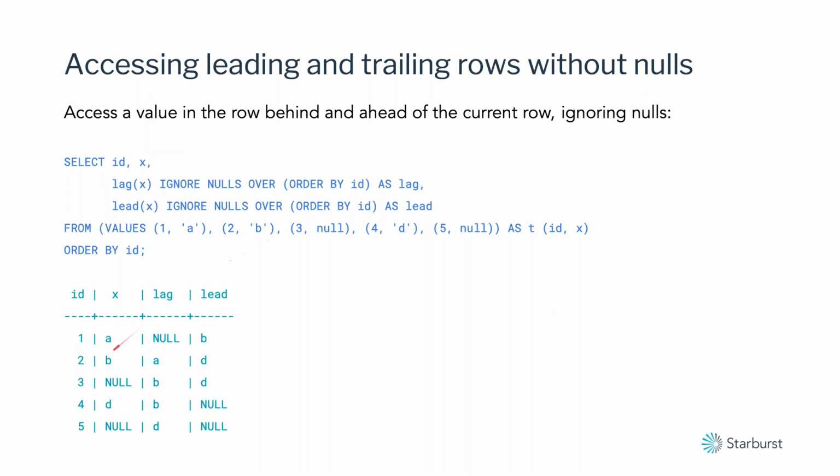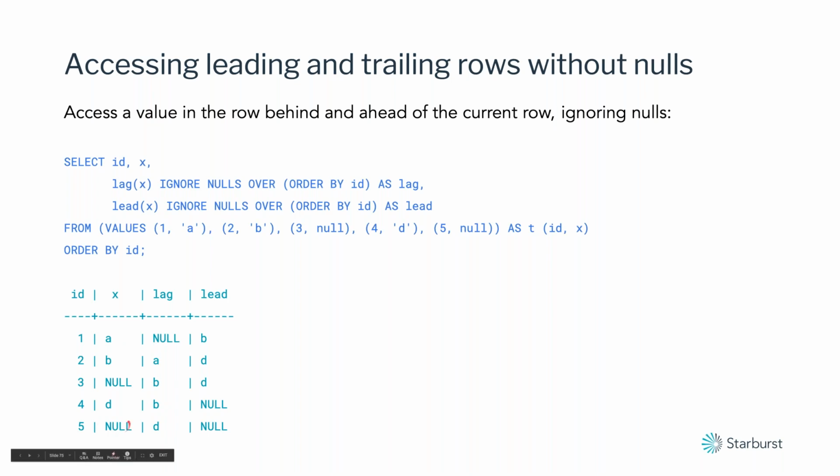And so on row B, the row ahead of it is null, and the row ahead of that is D. And so the lead of B ignoring nulls is D, because we ignore the null and we get back D. And for the D row, the row behind it similarly is null, so we get back its lag is B.